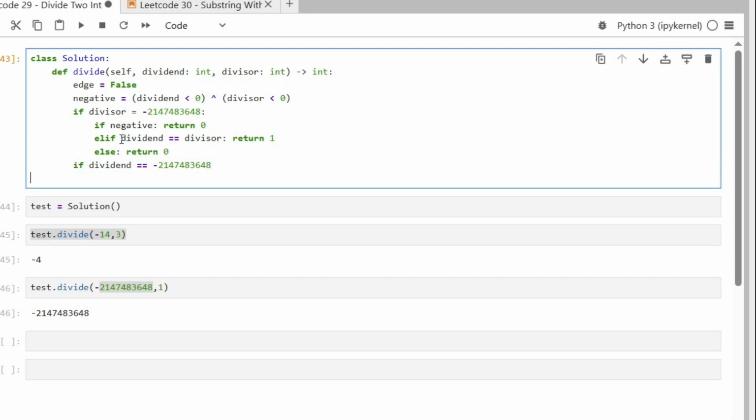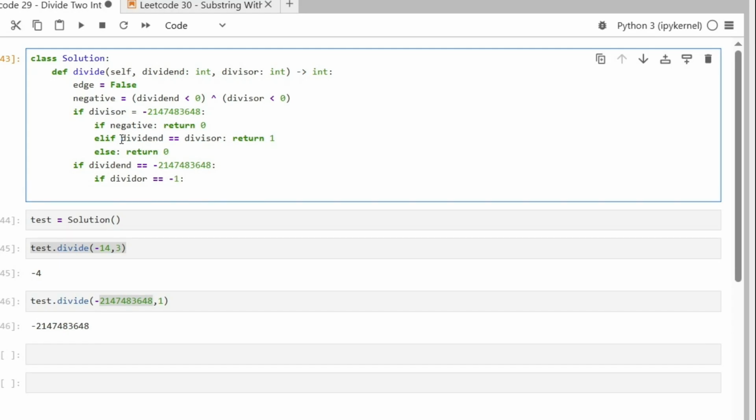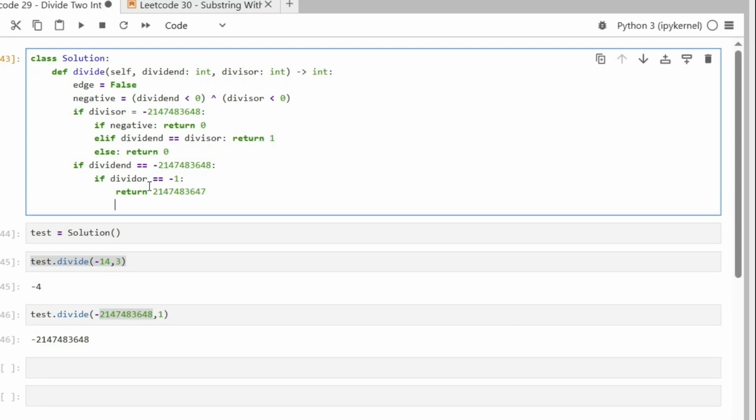Now the condition is for dividend, and if divisor equals minus 1, as you see, this is another edge case. The result will be this number but positive, and we cannot have this number as positive because it's out of our range. So we retain the same number but 7 here. This is inside the range, and we will say the edge condition is true.